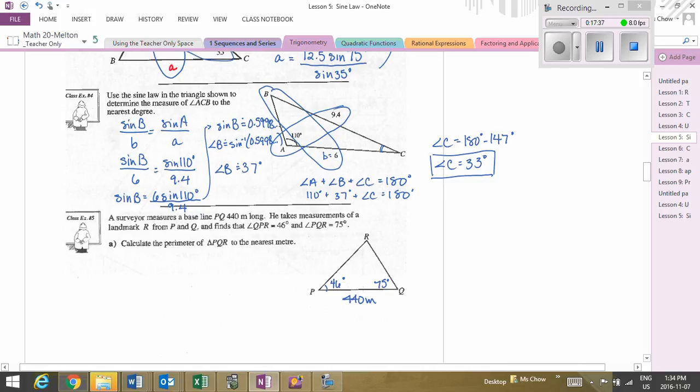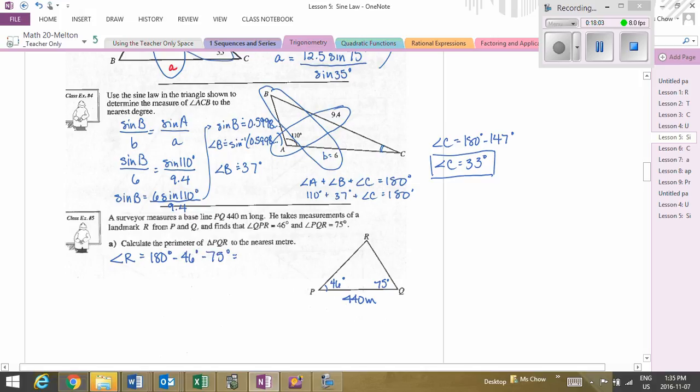At this point, I actually don't have any pairs, but because I know 2 angles, I automatically know the third, because the angles have to add up to 180 degrees. So to find angle R, it's going to be 180 degrees minus 46 degrees minus 75 degrees.